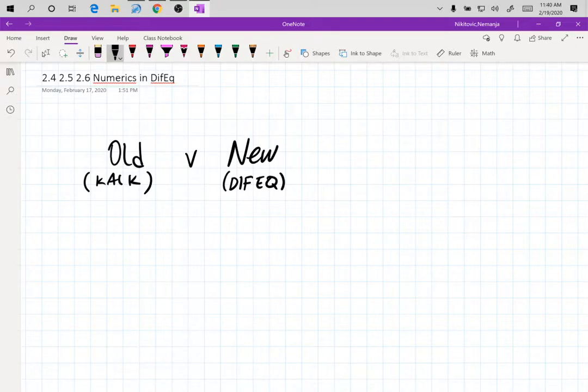And that one number was either a root of a function, which was Newton's method, area under the curve, which were all of those Riemann sums with rectangles, Simpson, trapezoid, and so on, or it was a value computed through Taylor series approximation.